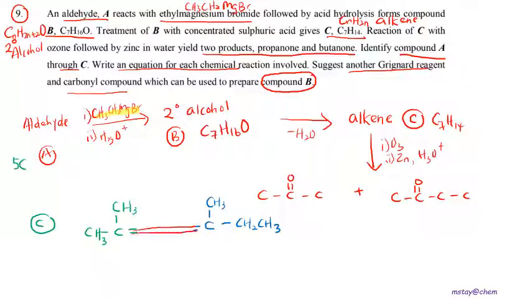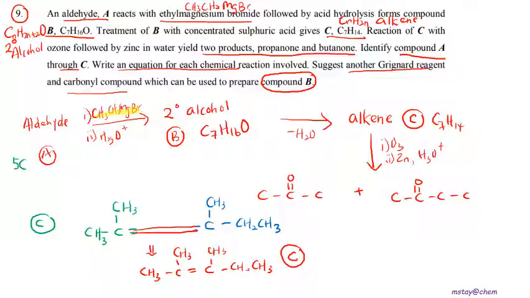Maybe I can rewrite again better. CH3, CH3 over here, double bond, CH3, CH2, and CH3. So this is the structure for C.